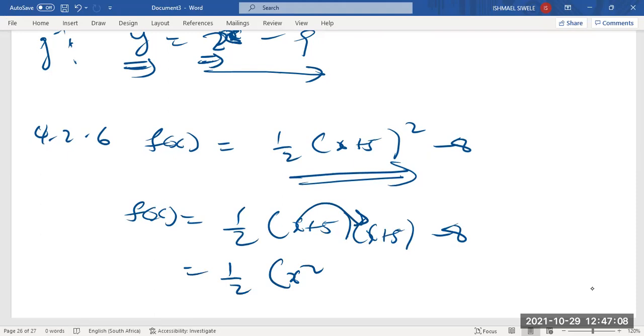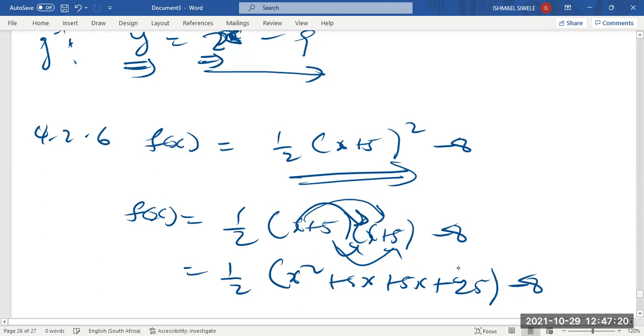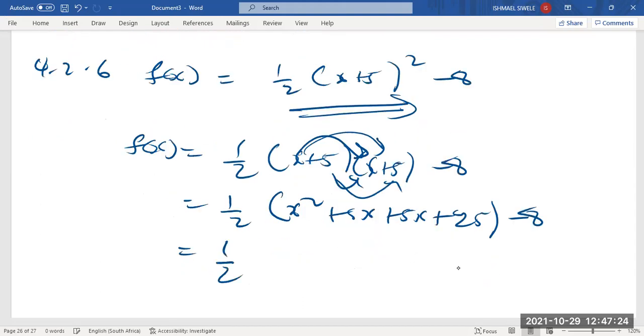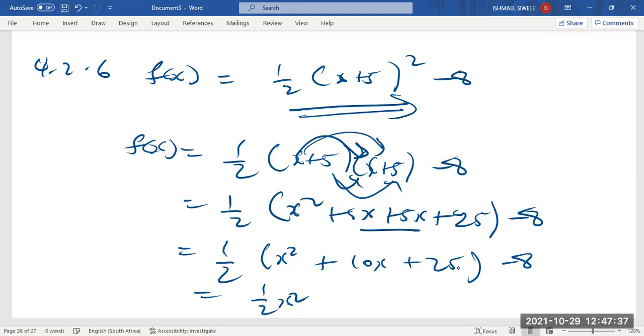With that being x squared, x multiplied by 5 is 5x, 5 multiplied by x is 5x, 5 times 5 is 25, minus 8, okay? And this is equal to 1/2 x squared, these two give us 10x, plus 25, minus 8. And this is 1/2 x squared, and 1/2 multiplied by 10 is 5x, plus 25 minus 8.